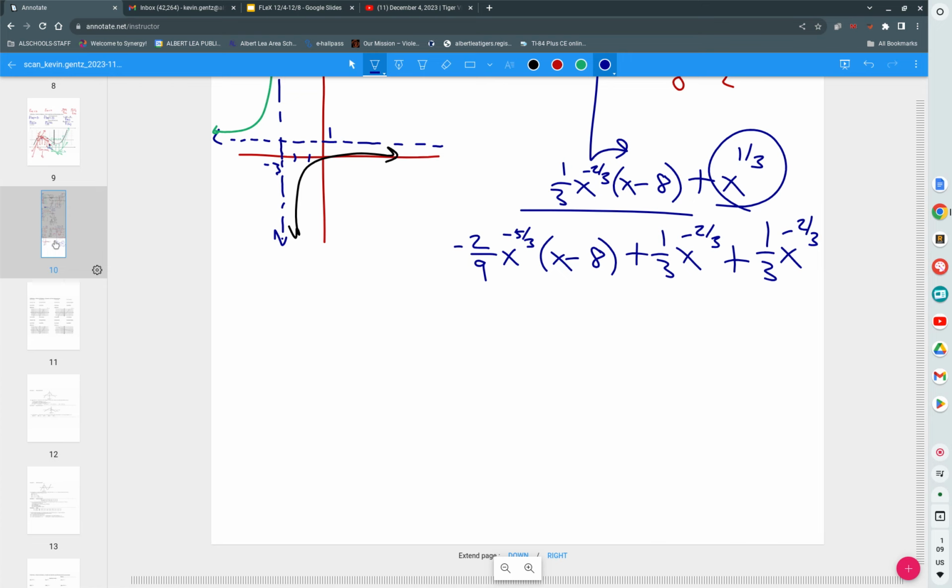This actually looks like it's going to work out quite nicely. I'm going to make sure that I look at my negatives here. I'm going to drop them to the denominator and have this look a little prettier. So in the numerator, I'm going to write negative 2 and the x minus 8. In the denominator, I will write 9 and x to the 5/3.